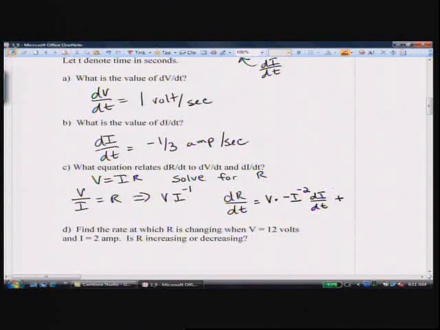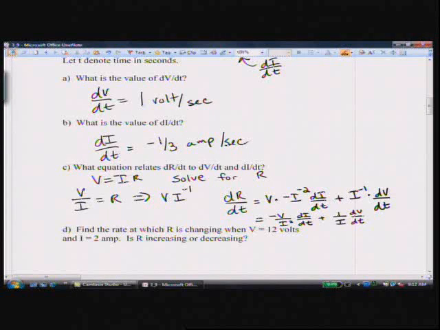Plus the second, which is I to the negative 1, times the derivative of V. What is the derivative of V? dV dt. So I just used the product rule, but I did it without writing the u and the v. Are y'all okay? All right, and so then dR dt simplifies as negative V over I squared dI dt plus 1 over I dV dt.